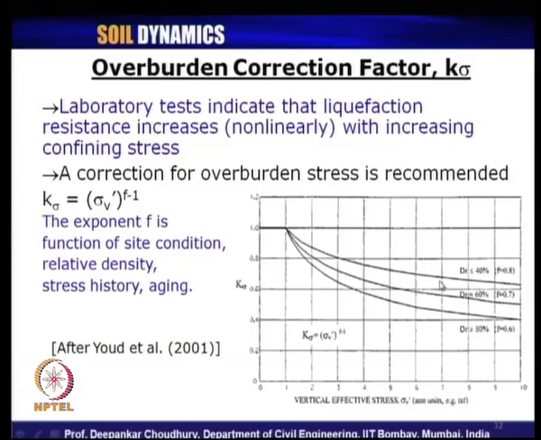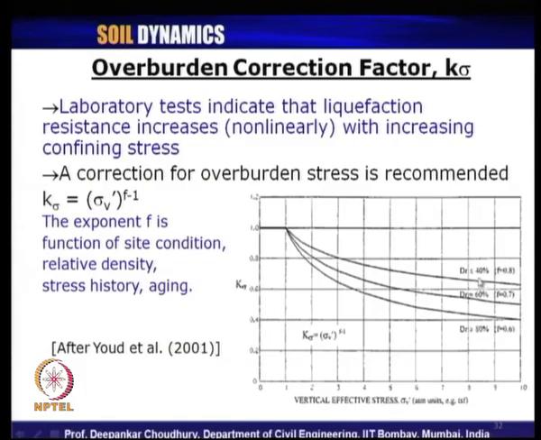And it depends on various values of f. F is calculated depending on different values of Dr. Dr is relative density of the cohesionless soil. So, here the ranges are given: for Dr less than or equal to 40%, the coefficient f should be used as 0.8 in this equation.